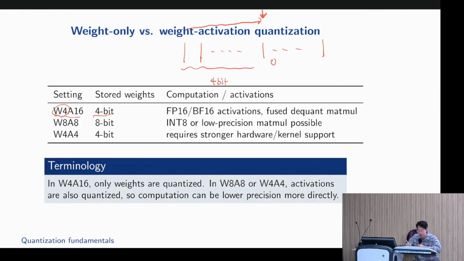To compute the activation here, we're going to temporarily upcast or dequantize it to 16-bit and call general matrix multiply using 16 bits. And then we're going to quantize it again to 4-bit, and only when we compute the activations, we're temporarily going to dequantize it to 16-bit.